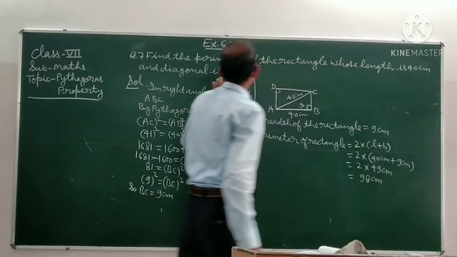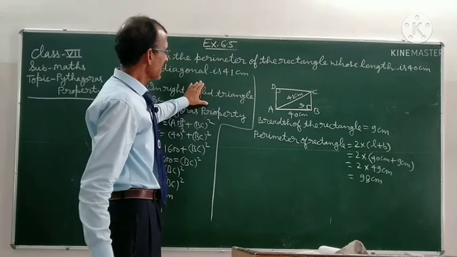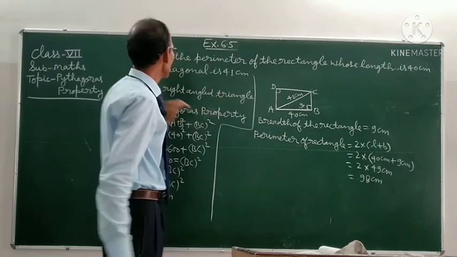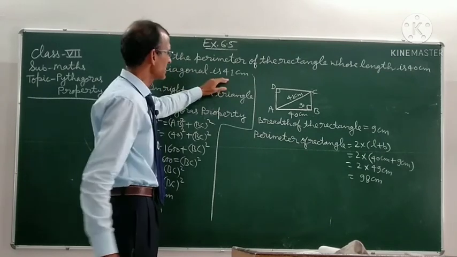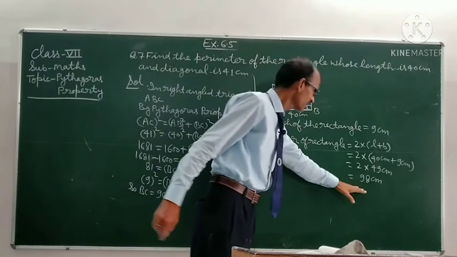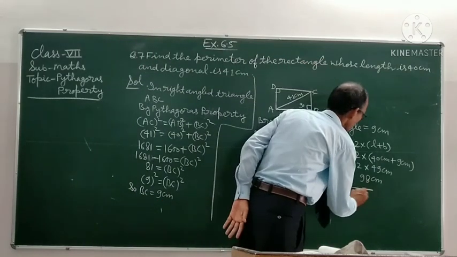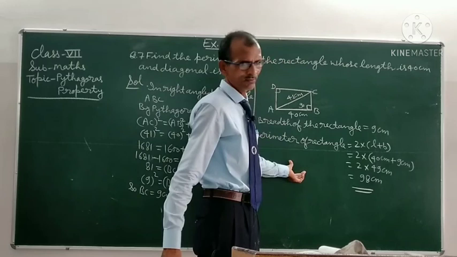So perimeter of the rectangle whose length is 40 centimeter and diagonal is 41 centimeter is 98 centimeter. Okay. This is our answer.